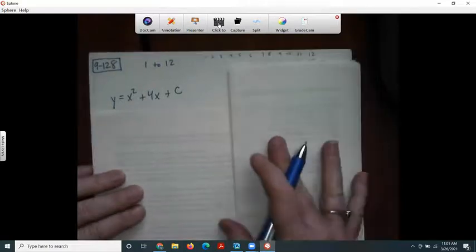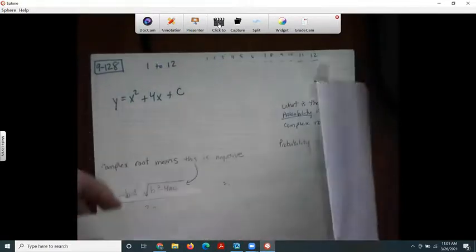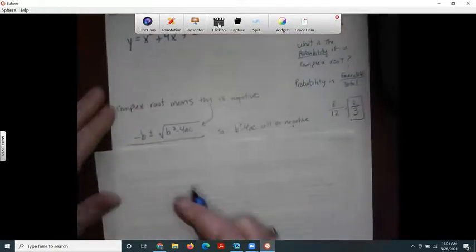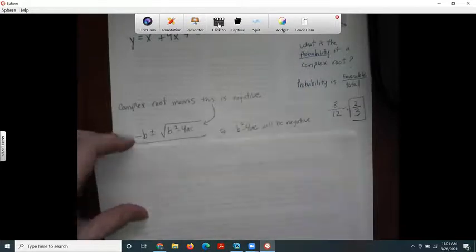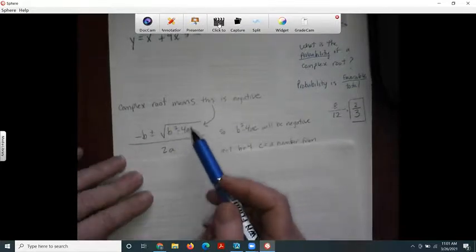Well, we get complex roots when we have plus or minus i, and that happens when you try to factor something, it won't factor, then you stick it in the quadratic formula, and then you get a negative sign under here. If that's happened to you before, you know what I'm talking about.